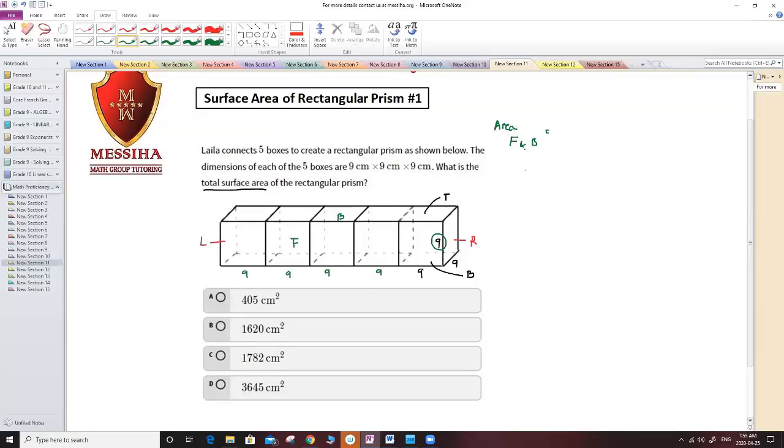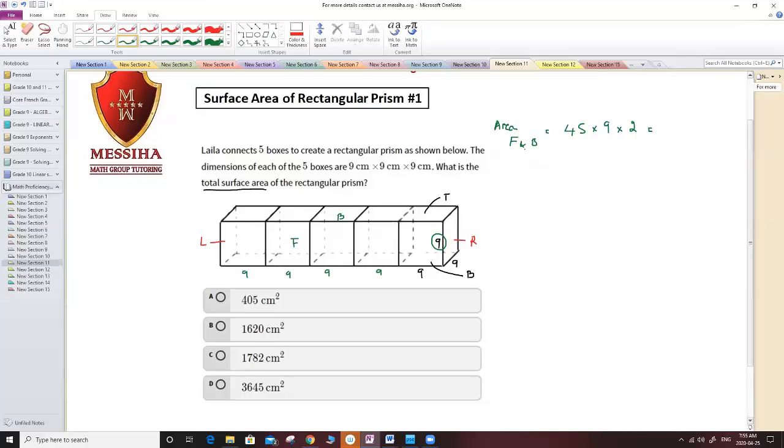So 45 by 9, and don't forget this is front and back, so I have to multiply by 2. I'm going to leave the calculation to the end since we are allowed to use a calculator.